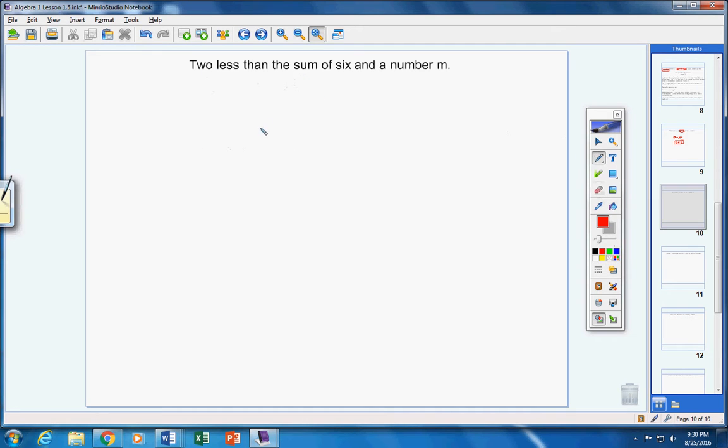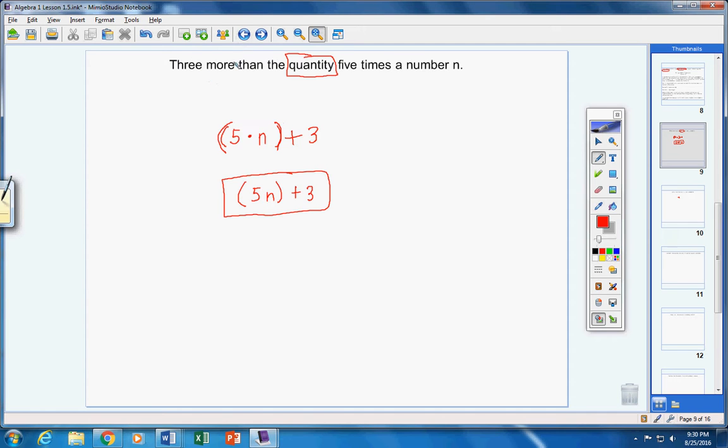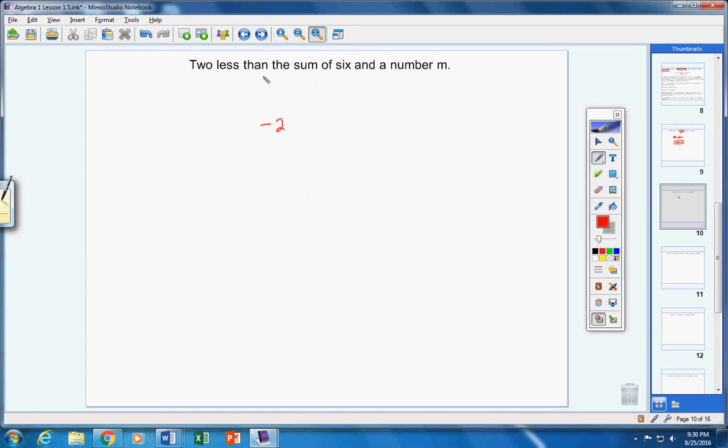So it's 2 less than. Now what is it 2 less than? Like in the last problem it was 3 more than a quantity. We have 2 less than a what? A sum. So if we have a sum, I'm going to put parentheses, because really that means I'm adding 2 numbers together. So it'd be very wise to put parentheses around them.